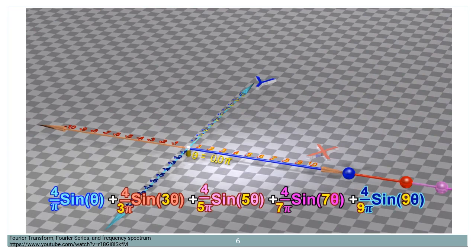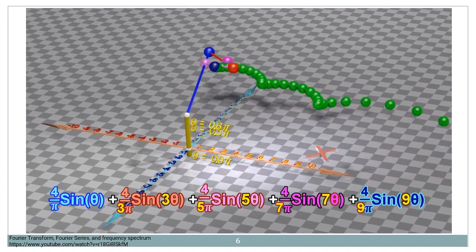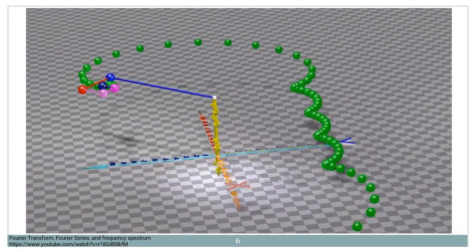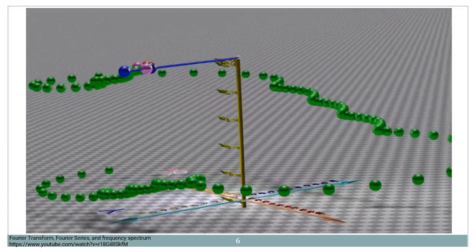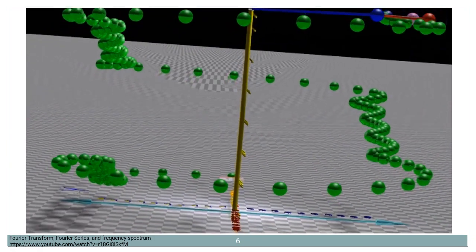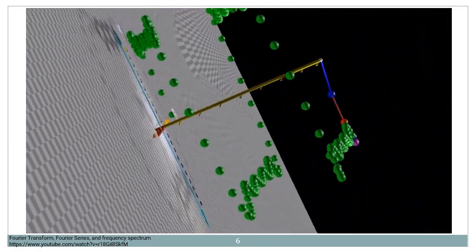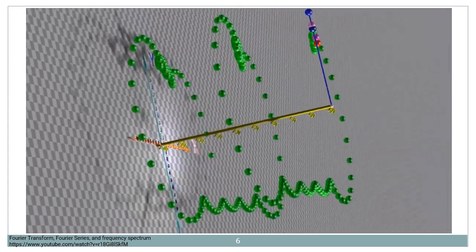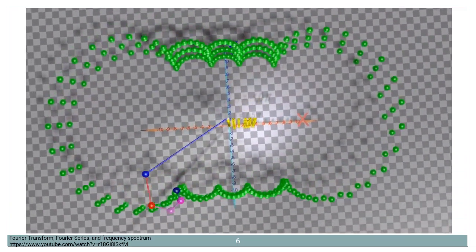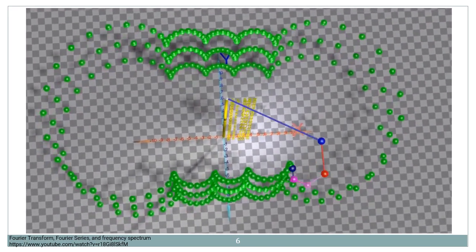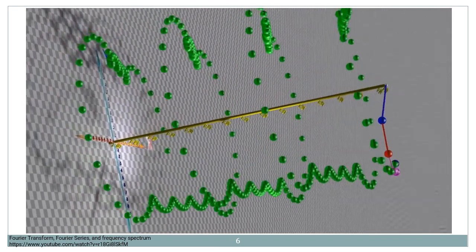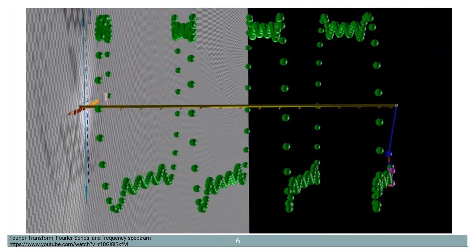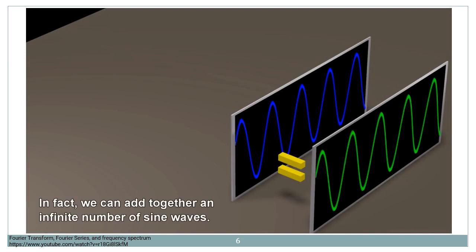We can add together 5 sine waves. In fact, we can add together an infinite number of sine waves.